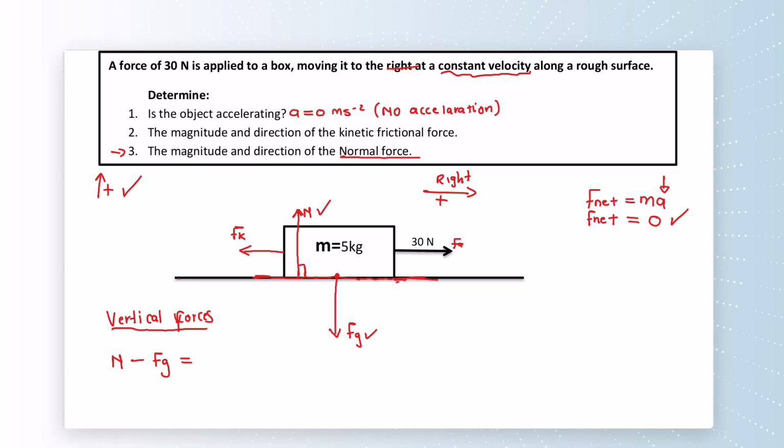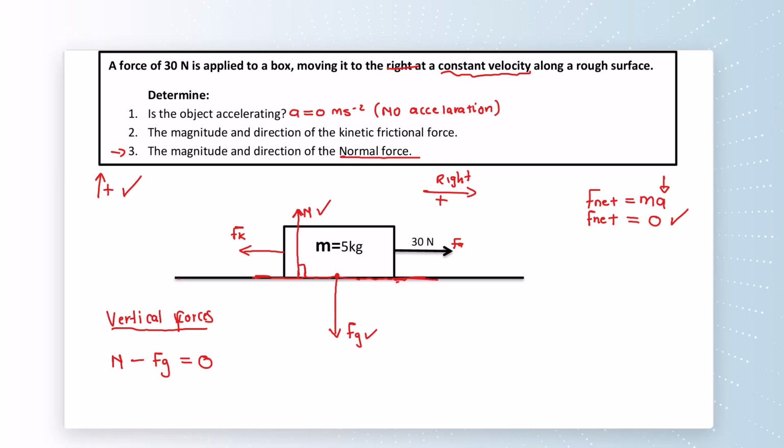It's just moving along the surface. It's not going up, it's not going down. So if there's no movement, we're going to equate that to 0 because there's no acceleration. I see? So F net in the vertical is also 0. If there was acceleration, we were going to equate it to ma again. But now, 0 acceleration means 0 net force.